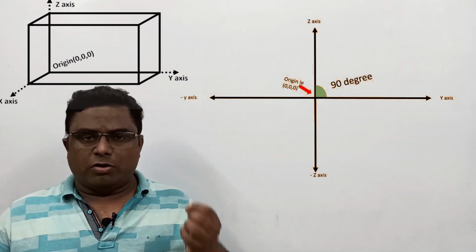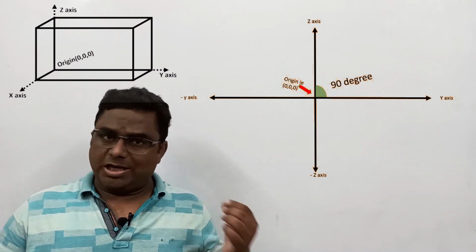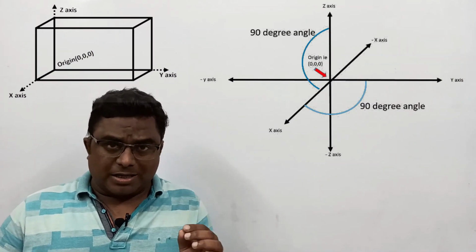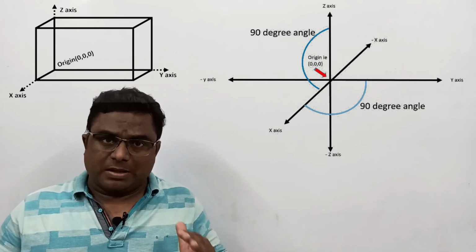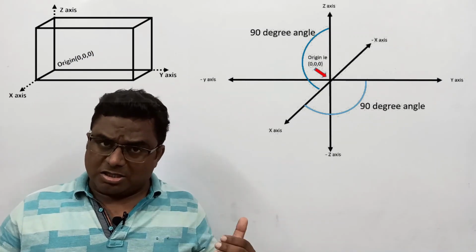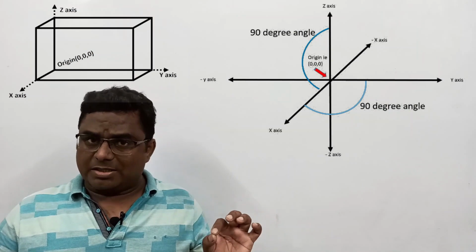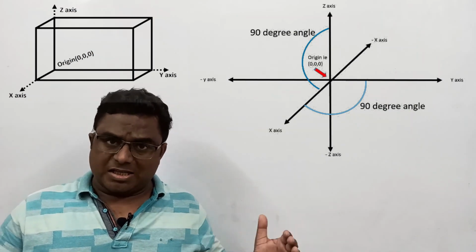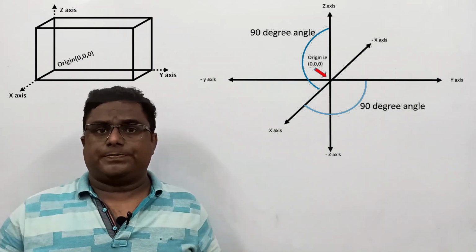Now here we have to discuss three-dimensional geometry, and in order to discuss three-dimensional geometry I will have to take one more axis called z-axis, and this z-axis will be taken along with x-axis and y-axis in such a way that all the three axes, that means x-axis, y-axis, z-axis, are perpendicular to each other.